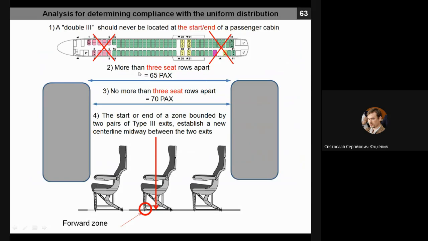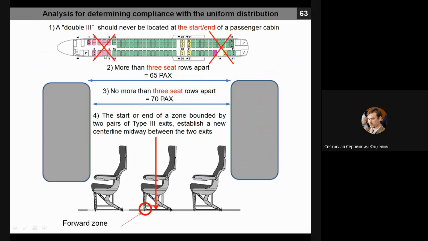If you have more than 3 seats between the type 3 exits, it will be determined as 65 passengers for this double type 3 exit. But it will be 5, 6 seats, not more, because if it will be more than this number, it will be better to calculate it separately.